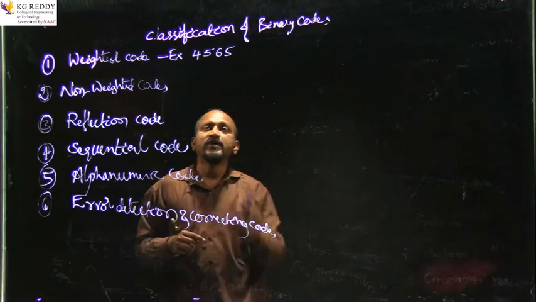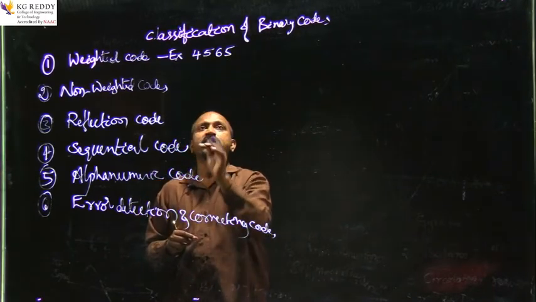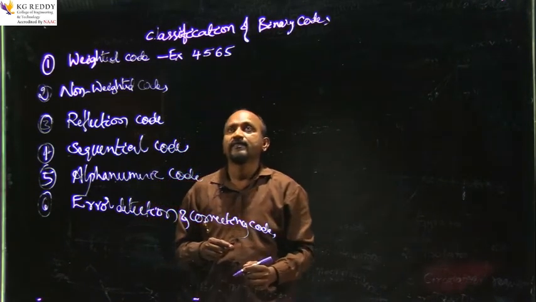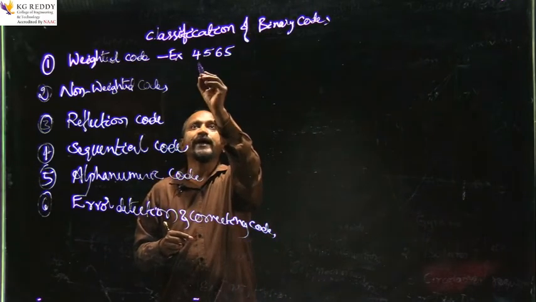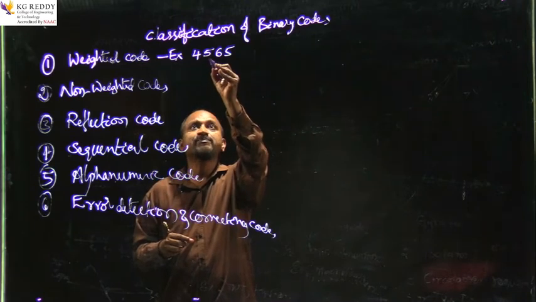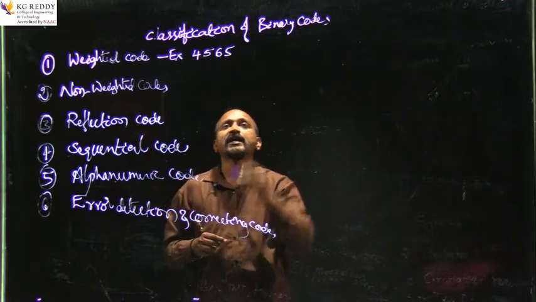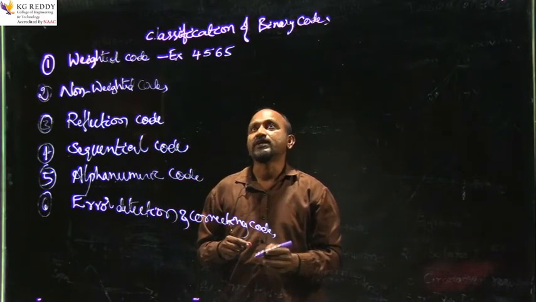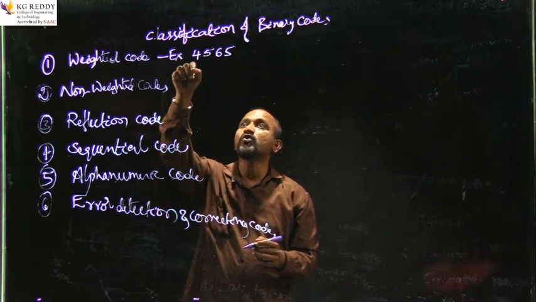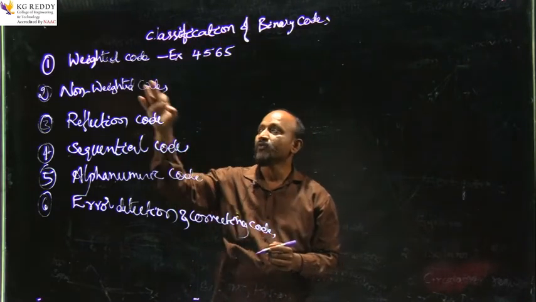Take 4565, a decimal number. In this number, each digit possesses its own weight. That is, 4 is at the 1000's weight, 5 is at the 100's weight, 6 is at the 10's weight, and 5 is at the 1's weight. So each digit has its own weight, and all such codes come under the weighted codes.